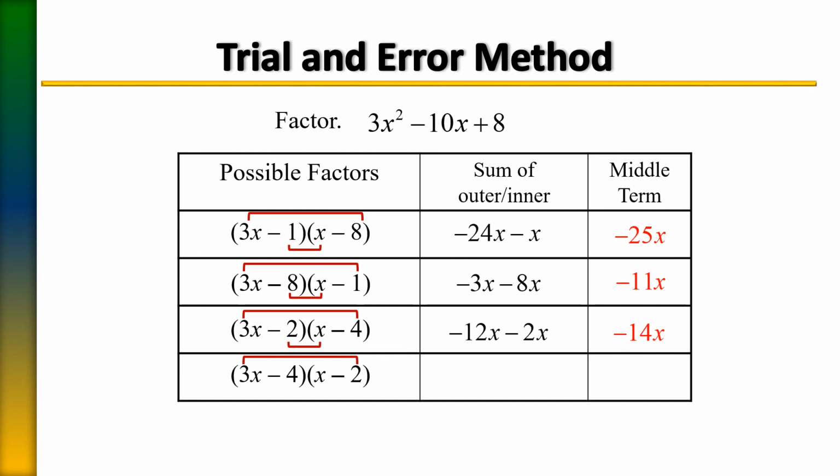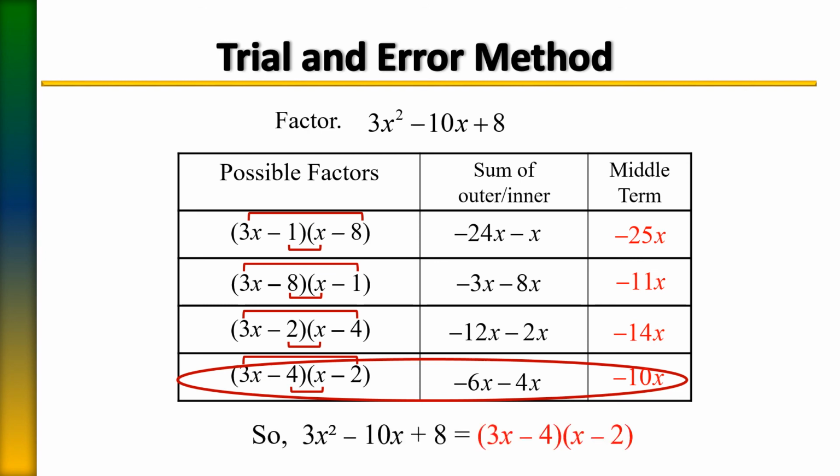Inner is negative 4x. Combine those two together, and yes, that will give you negative 10x, which is our middle term. So therefore, the last option is the correct factored form for this trinomial. And there you have the trial and error method.